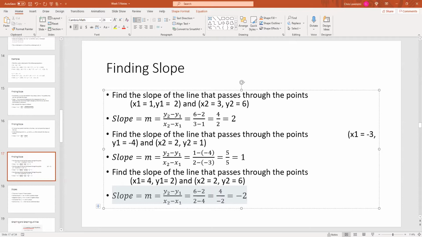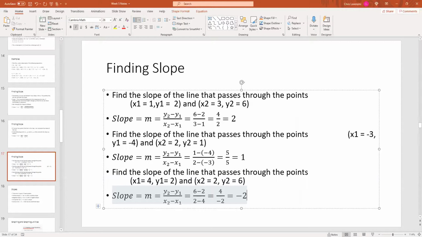So we solved a couple of examples, and we saw that the slope was positive. And now we just did one where the slope is negative. If I have a positive slope, and we'll see some information on the next slide or two, all that means is direction for me.